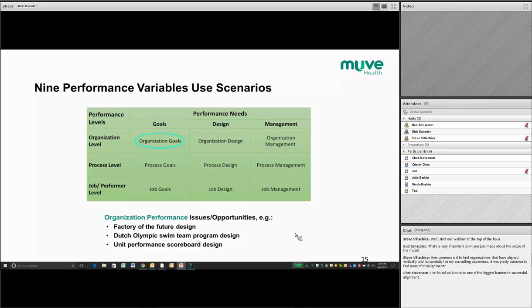So we've actually seen this model used for really big issues and opportunities that affected whole organizations. Motorola used this framework for designing their factory of the future.